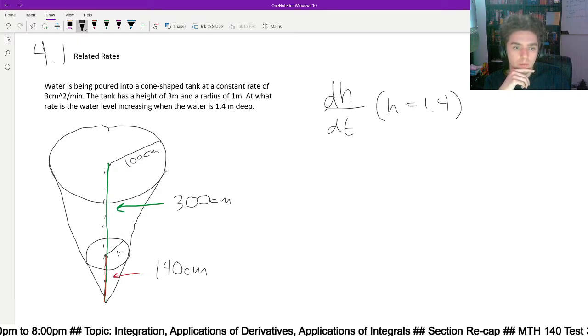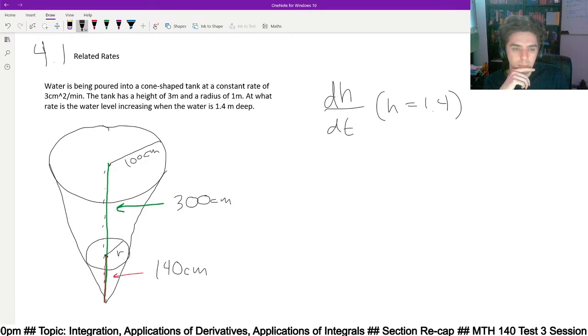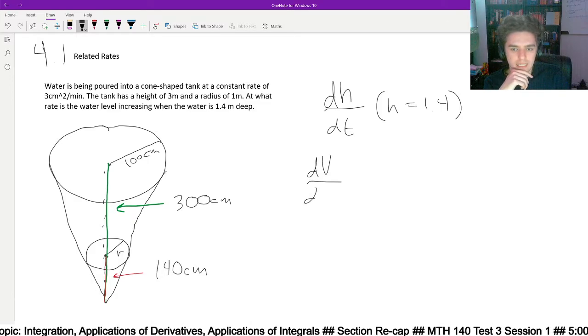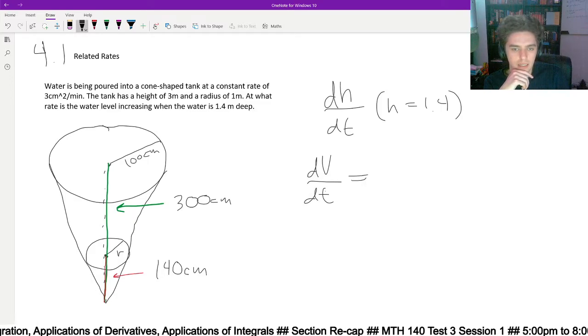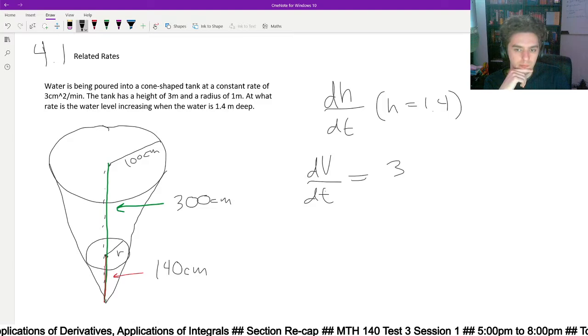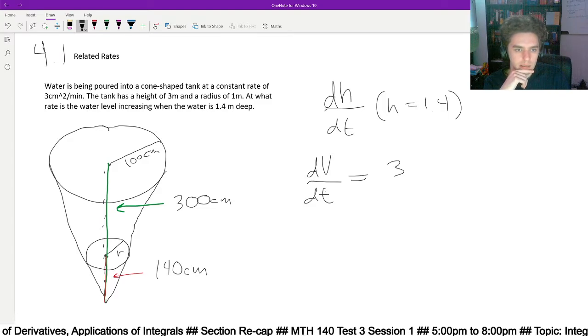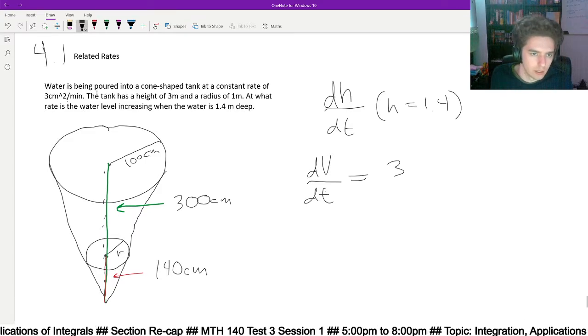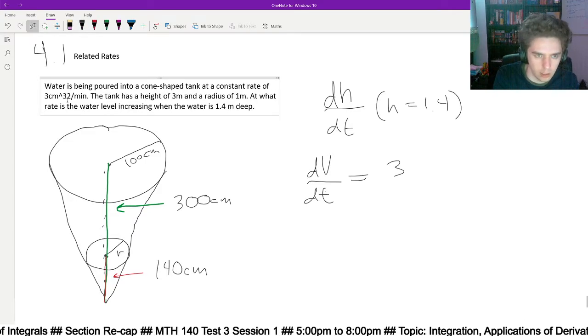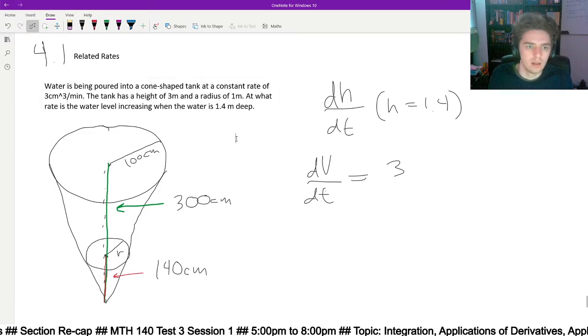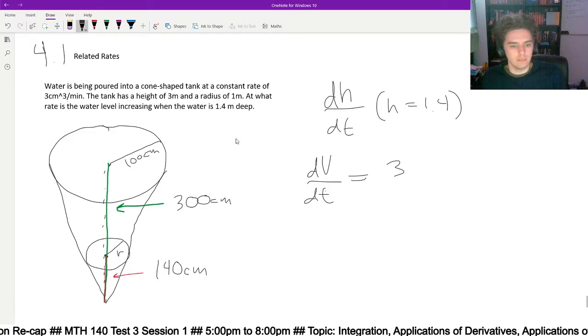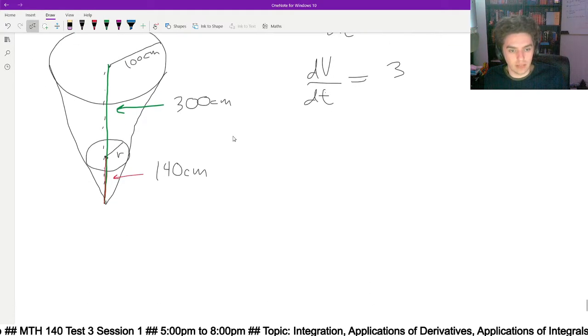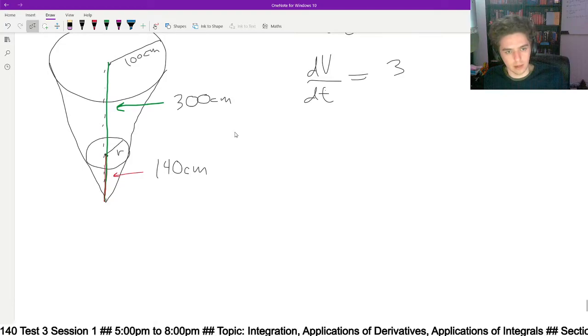Well, we know that dV by dt equals 3, because it's being filled at 3 centimeters cubed per minute. Now let's figure out the volume of that cone at the bottom here.